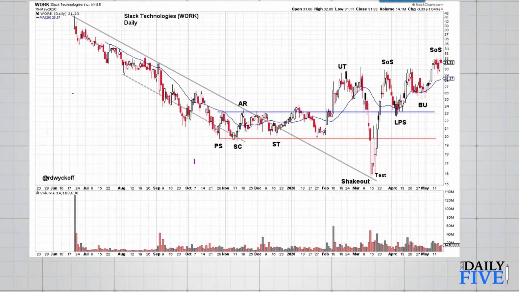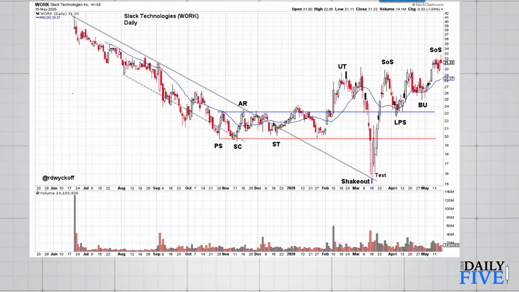This is a company that just issued its IPO in 2019. It has characteristics of accumulation that have formed here. You can see the downtrend, which is fascinating.